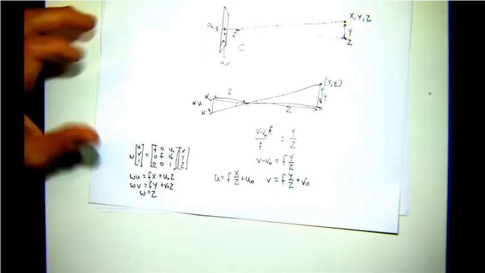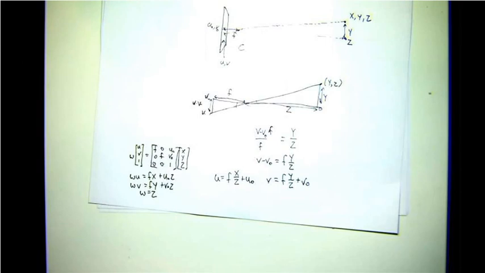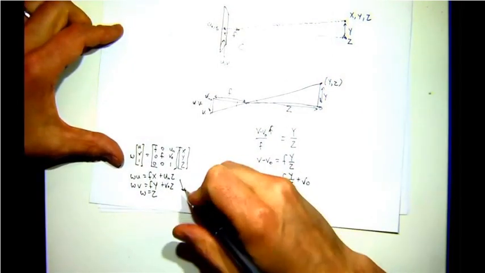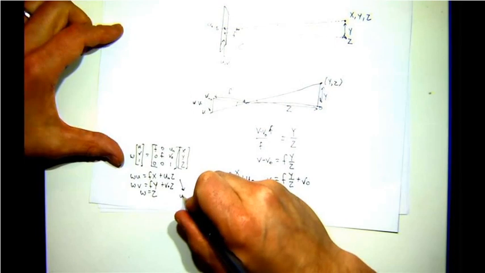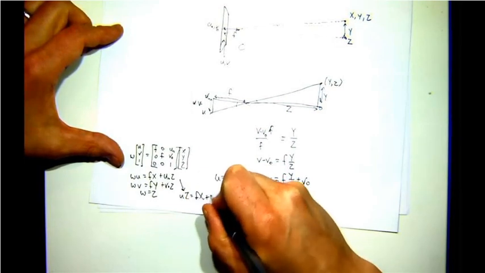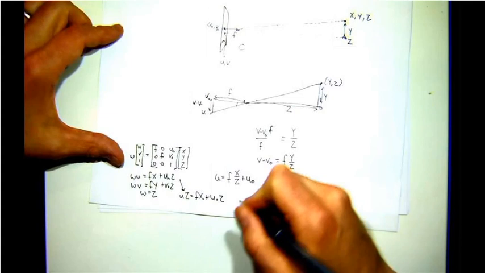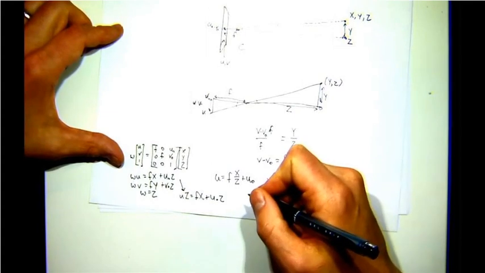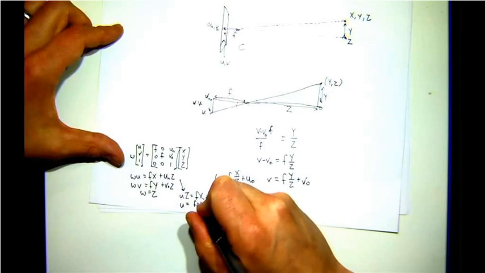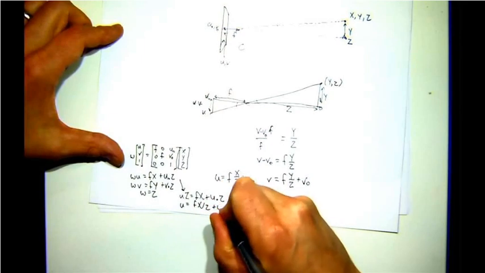So substituting z for w, I'm running out of room, I'll just do it for this equation: uz equals fx plus u naught z. And then dividing both sides by z, I get u equals fx over z plus u naught.